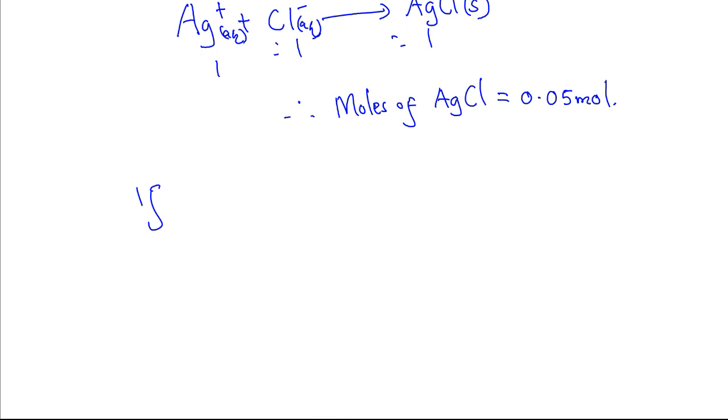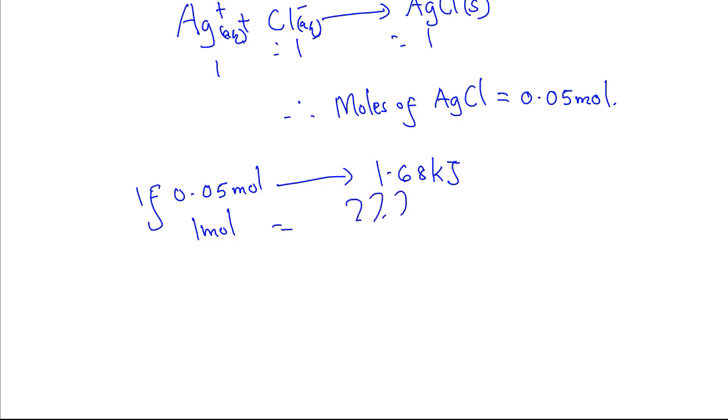So if the 0.05 mole is able to give 1.68 kilojoule, what of 1 mole of that precipitate will require 1 times 1.68 all over 0.05, and that gives 33.6 kilojoule per mole.